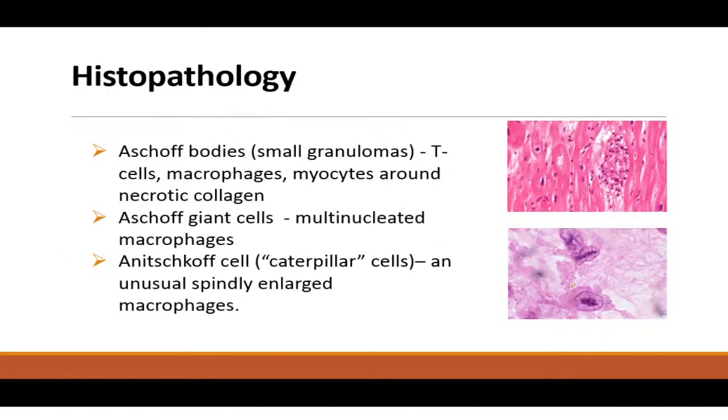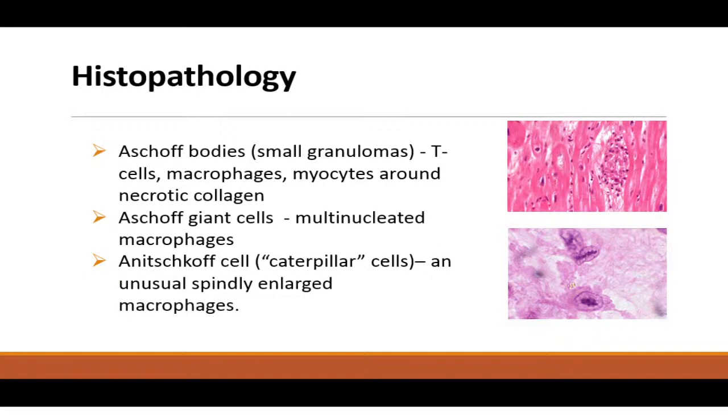So histopathology: what are the specific changes in affected tissues in rheumatic fever? We distinguish some specific signs which we may see in biopsy material. So it's Aschoff's bodies, small granulomas around necrotic, changed collagen.